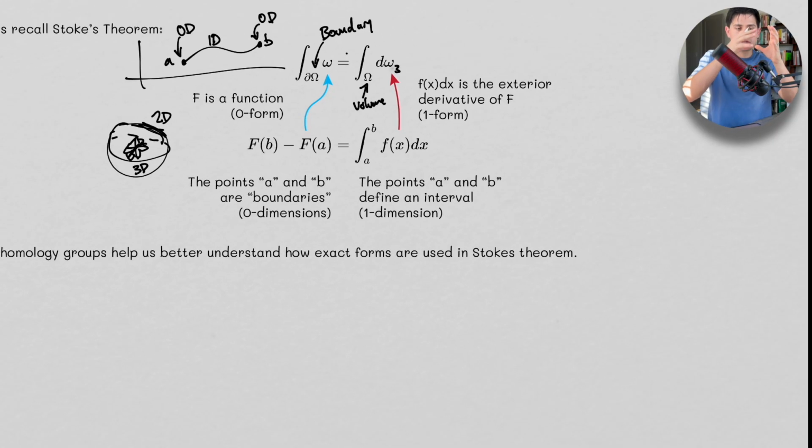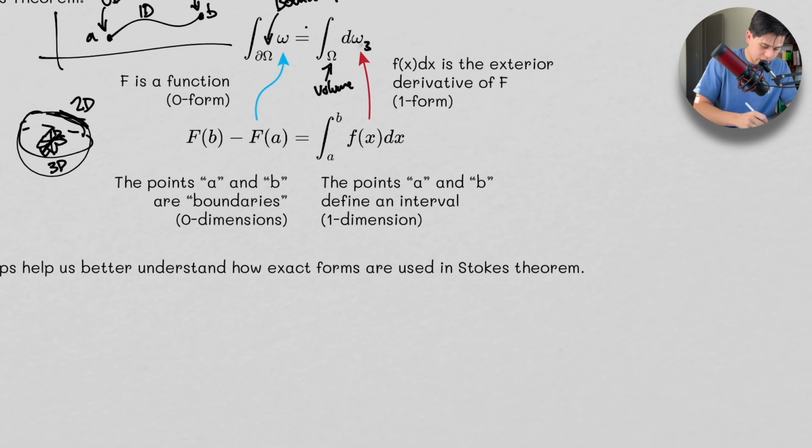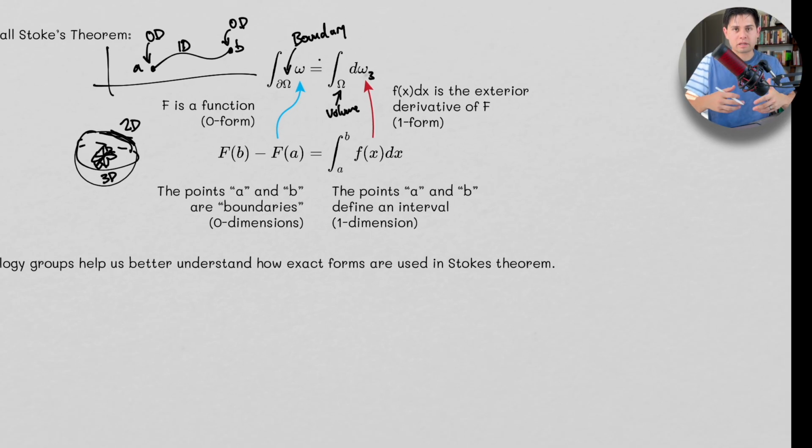So it's always the volume minus 1 that's going to be the dimension of the boundary. And so same thing here. A and B here define an interval. This is one dimension on a volume, which is going to be 2 dimensions. However many dimensions we're looking at, if our volume is 4 dimensions, A and B are going to define intervals on something that's 3 dimensions, right?